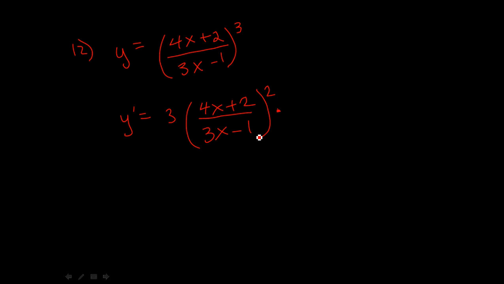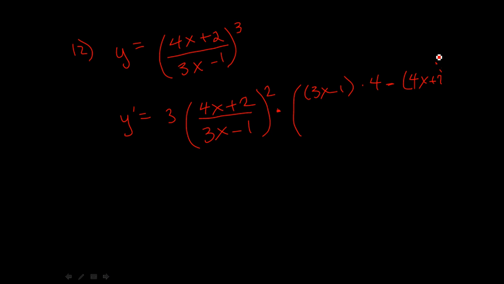Now we have to take the derivative of the inside. So that's going to be our quotient rule, which is low d high minus high d low over low low. So low is 3x minus 1. D high is just the 4. Minus high, which is 4x plus 2. Oh, I'm out of space.